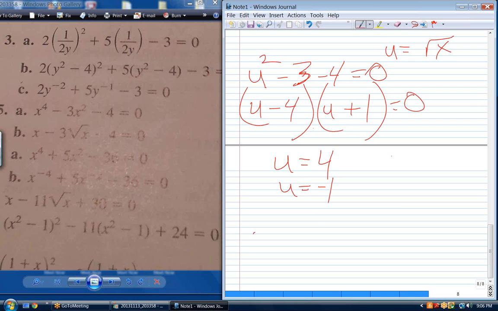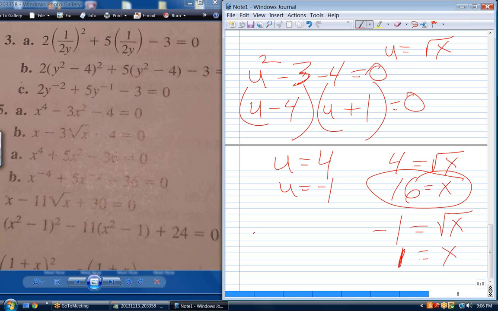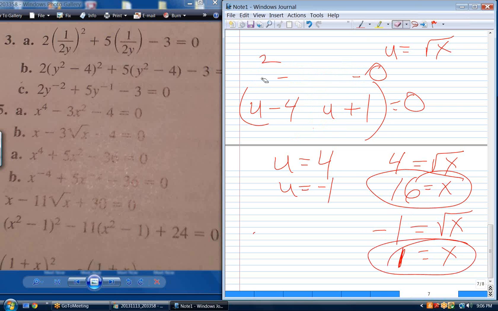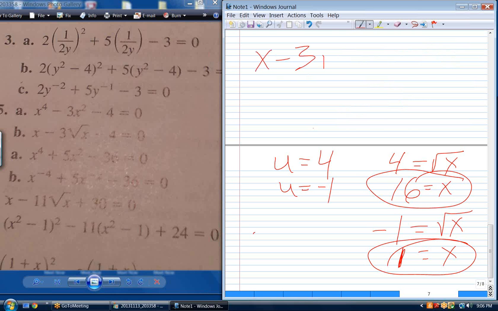So let's solve for x. 4 equals square root of x. Could you square both sides to get rid of that square root sign? Yep, so that's one solution. And then negative 1 equals square root of x. Same thing? Right, only here is where the problem is going to be. Both of these aren't going to work. Let's go back to the original equation. It's because we have a radical sign in there: x minus 3 radical x minus 4.